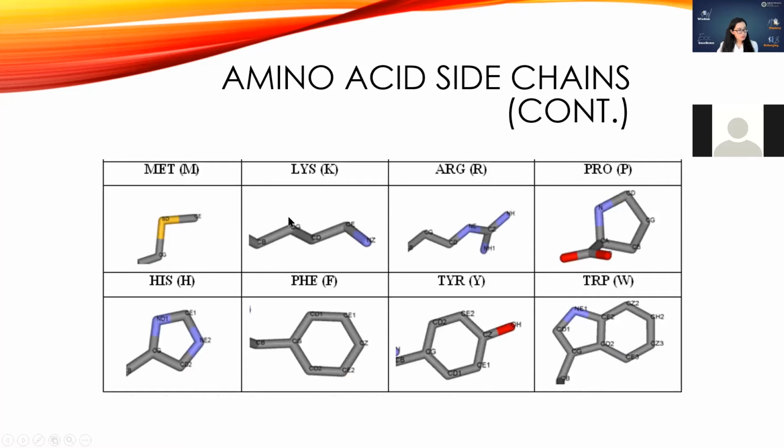And you can see lysine, arginine, histidine. These have blues. They are partial positive charge, and they form a salt bridge with the partial negative charge. So the positive forms a salt bridge with the negative.